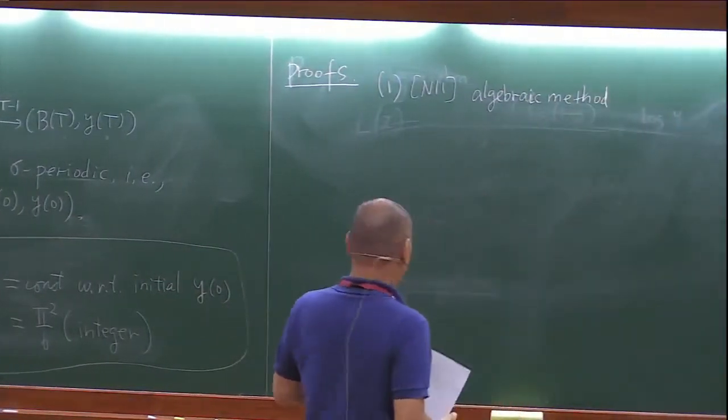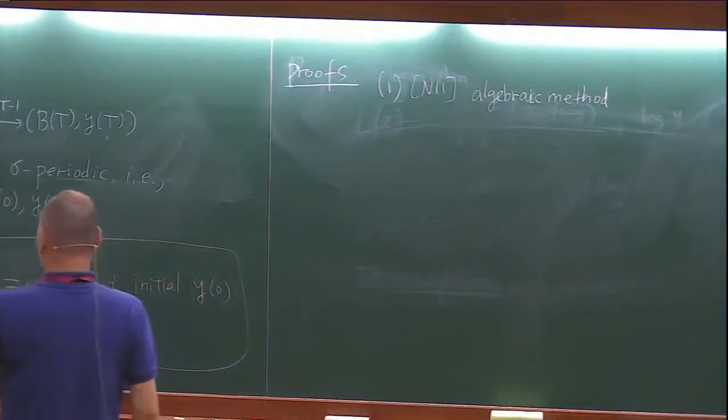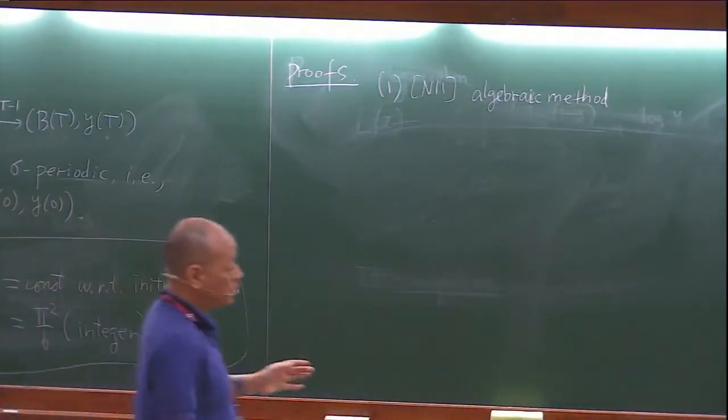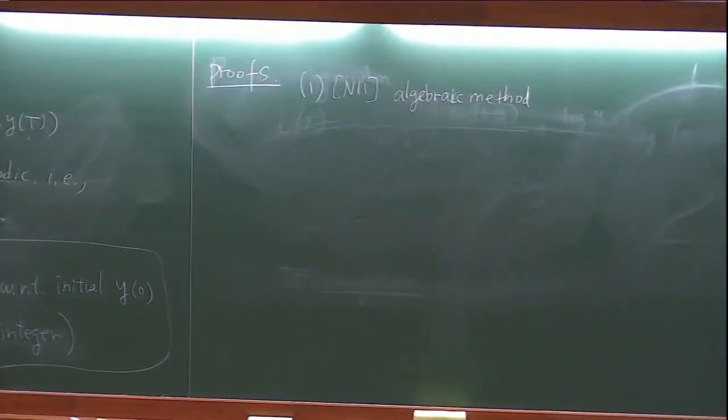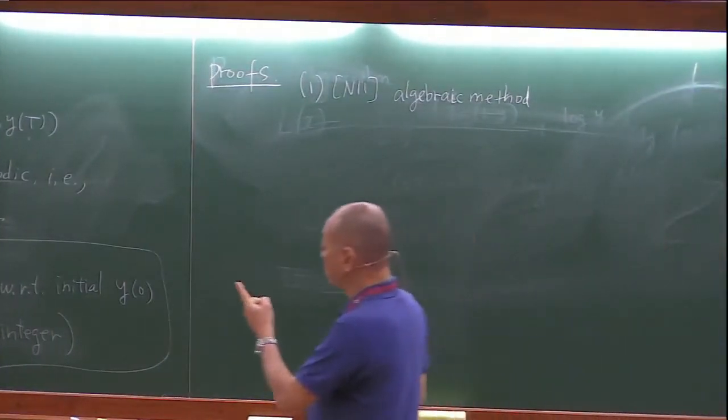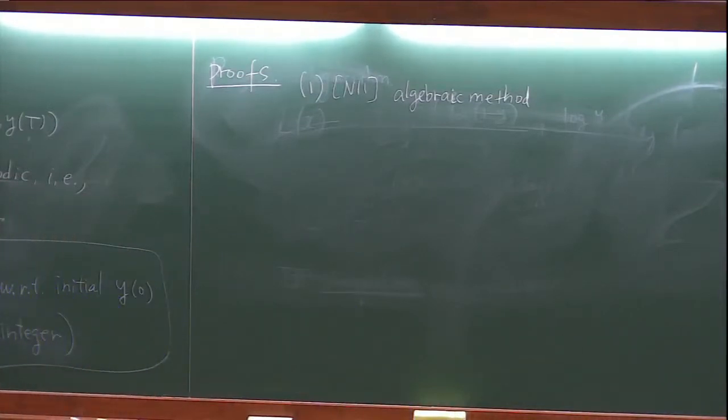To prove this identity, the principle is the same. You first want to show that the left-hand side does not depend on the initial value y_0. So it means you can take a differentiation of this with respect to y.